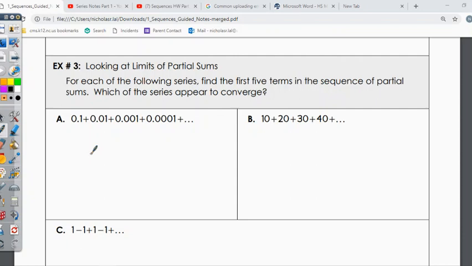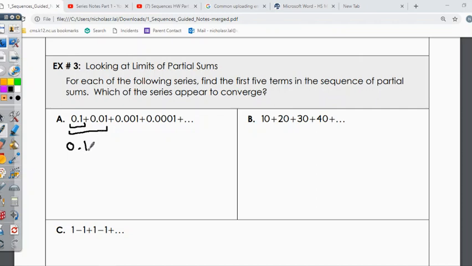The pattern is multiplying by 0.1, right? Well, let's see. We have 0.1 plus 0.01. All right. So if we add the first term, we just have 0.1.